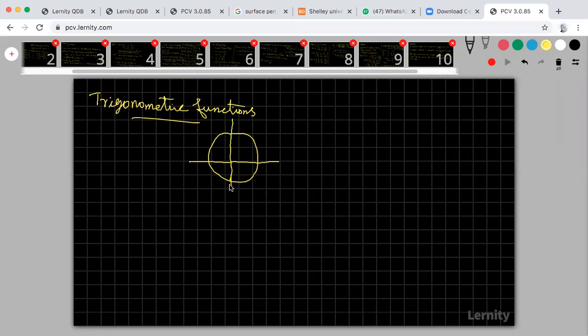Suppose I take the points A, B, C, D. This point is 1, 0, because it is the radius and I am considering the unit circle. I have already told that a unit circle means the radius of the circle is 1.